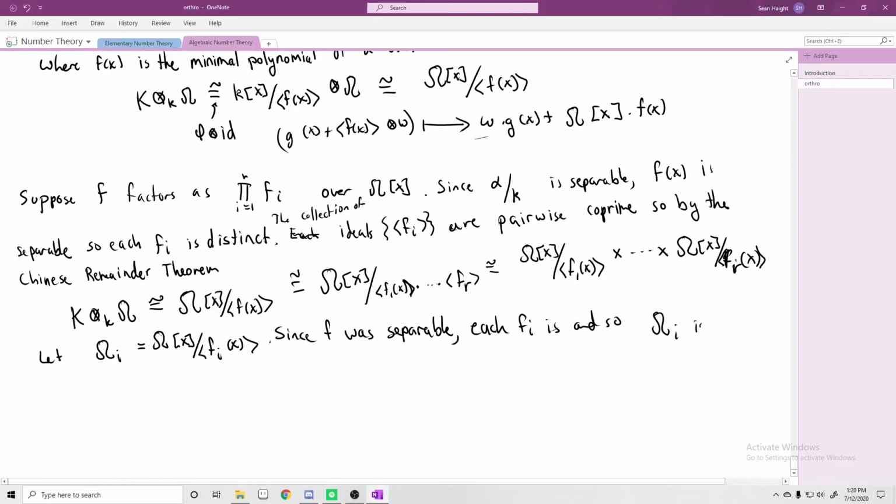So each omega sub i is a finite separable extension of omega. And okay, essentially the result follows from here.